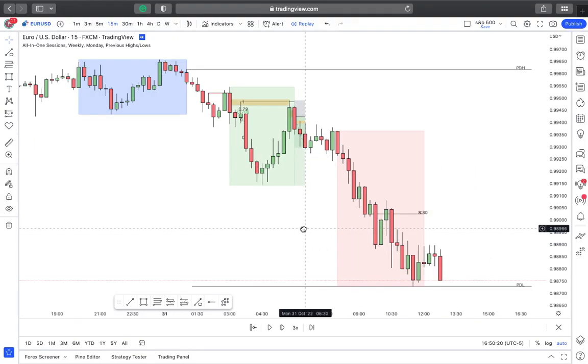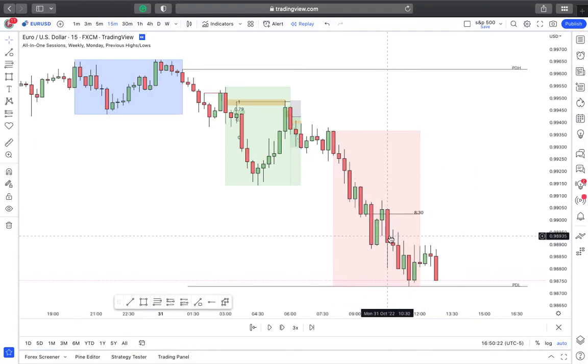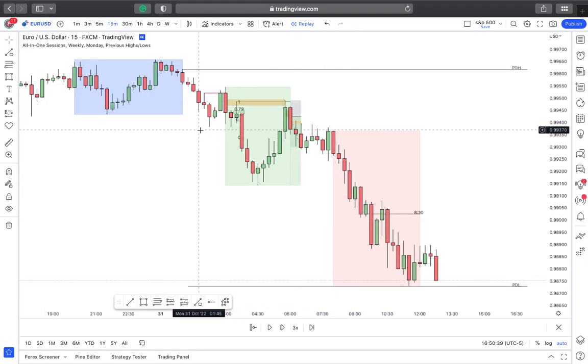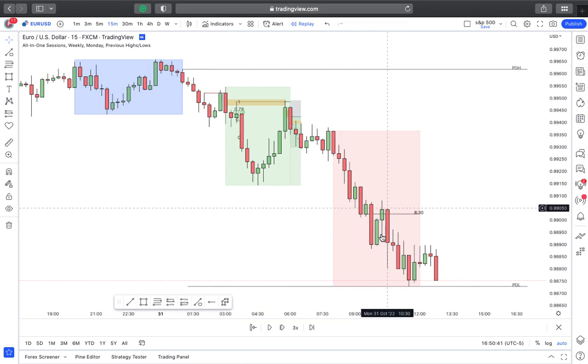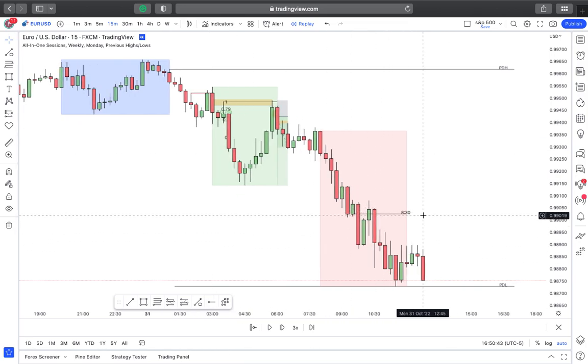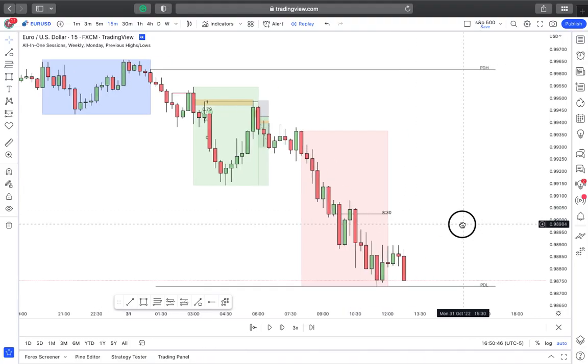So if you took two losses on this session, what you would do is close your TradingView and wait for the next day, either on your USD or GBPUSD. Let's say you missed the first trade and you took two losses on your funded account, I can guarantee you that you can catch another entry the next day.